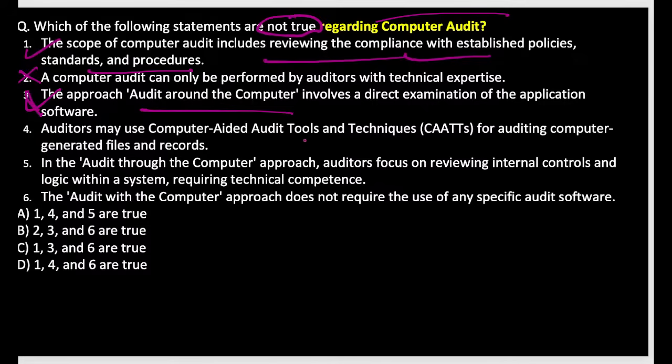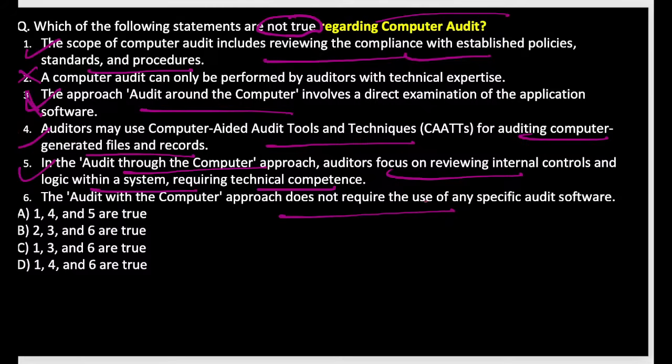Auditor may use computer aided audit tools and techniques for auditing computer generated files and records. This is true. Audit through the computer approach: auditor focuses on reviewing internal control and logic within system. Requires technical competence. This is true. The next one is audit with the computer approach does not require the use of specific audit software. Yes, wrong. So what we have to find out is the incorrect statement, right?